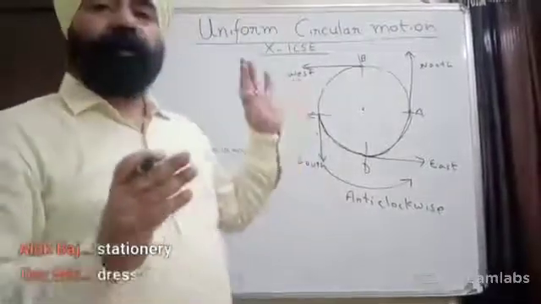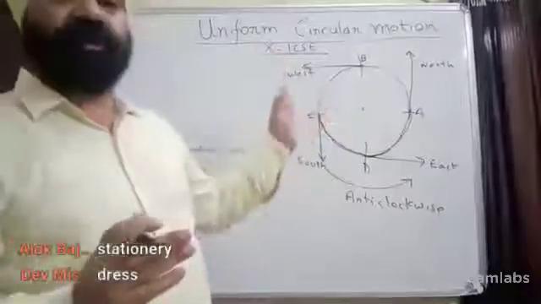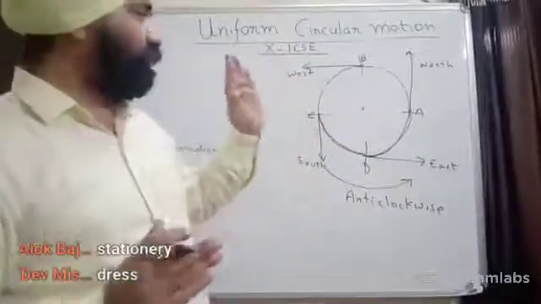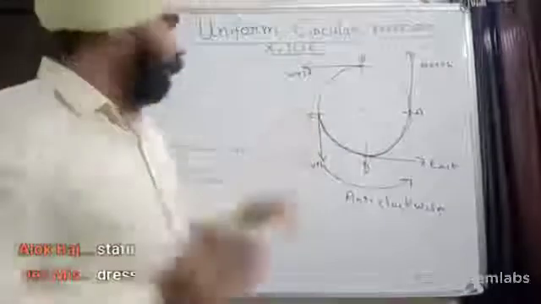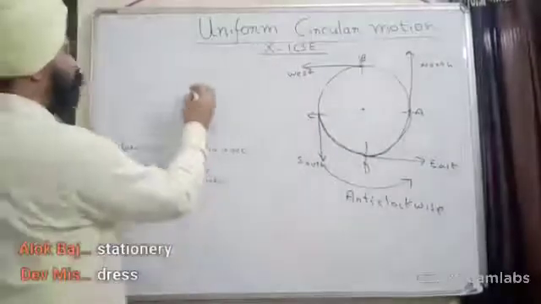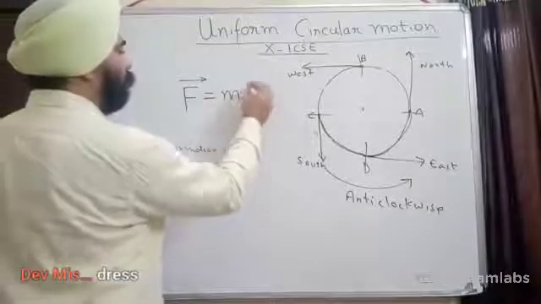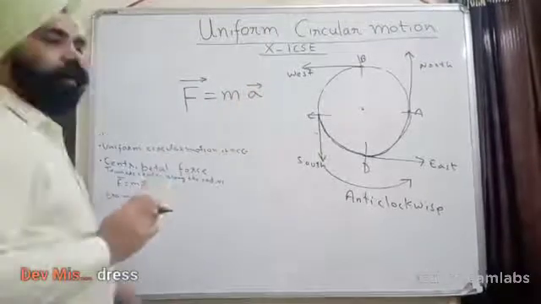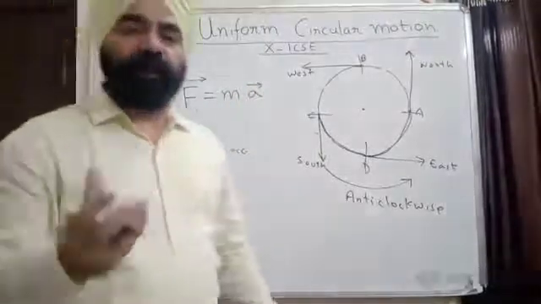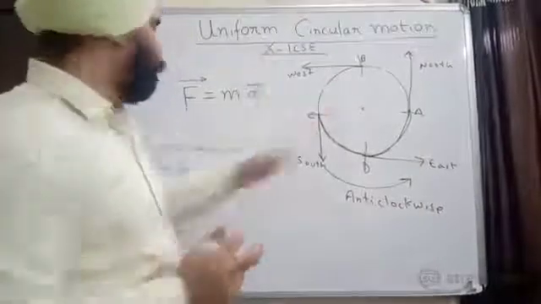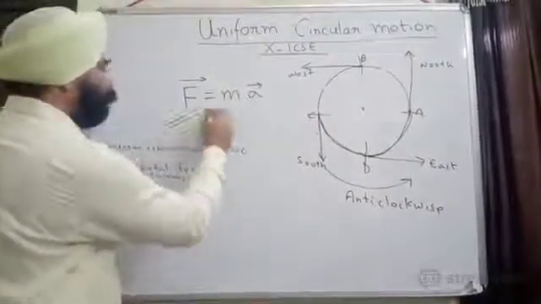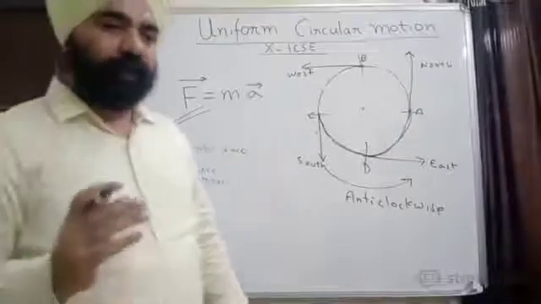But if the direction is changing, if the velocity is changing, which means it is accelerated motion. And we know that F, which is a vector quantity, is equal to mass into acceleration, which again is a vector quantity. So if there is acceleration, there has to be force, right?